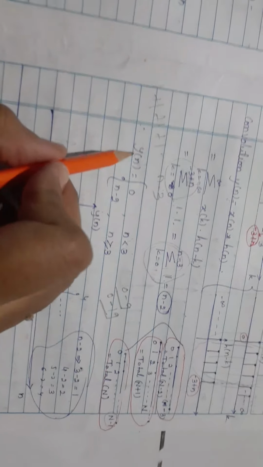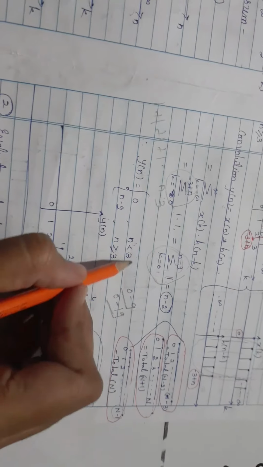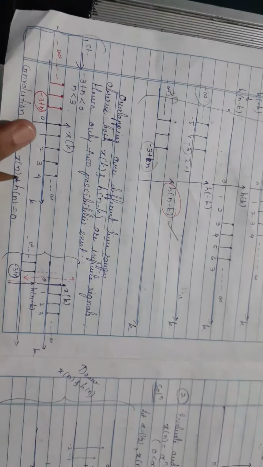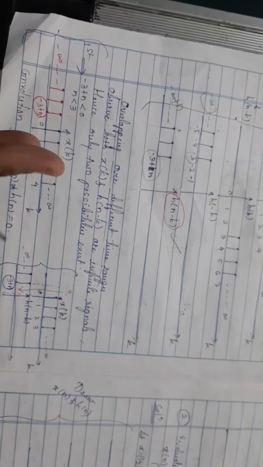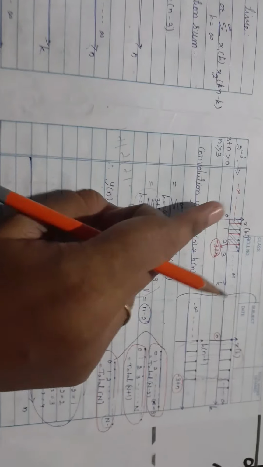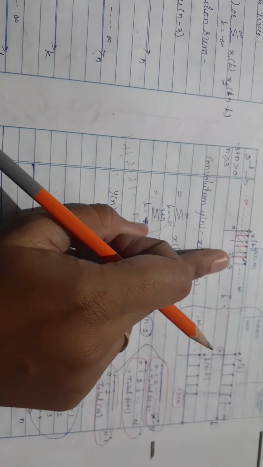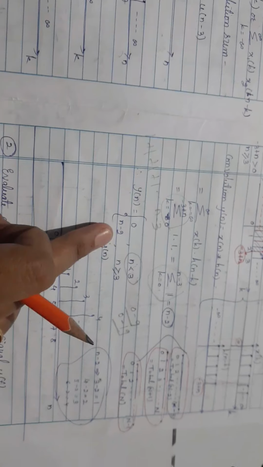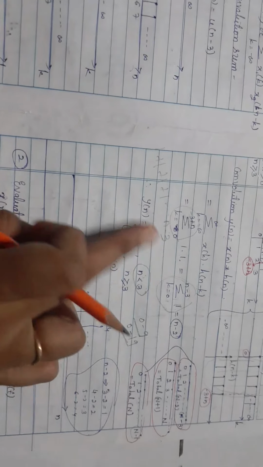So you can club your whole answer. For the first range, when you keep your second signal before 0, you don't have any convolution, it is 0. Now for the second limit, when you keep your second signal after 0, you get n minus 2. You club them and you can try to draw this signal.